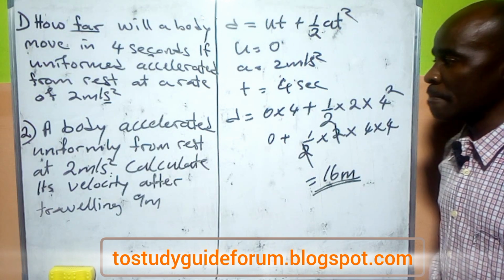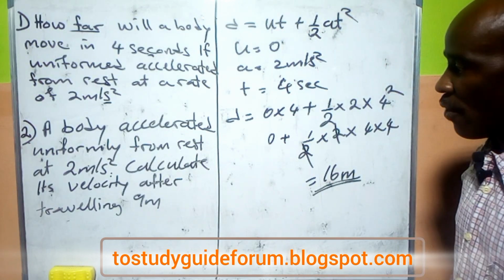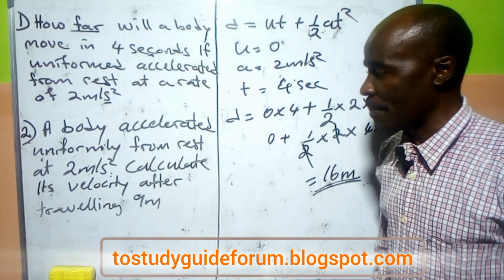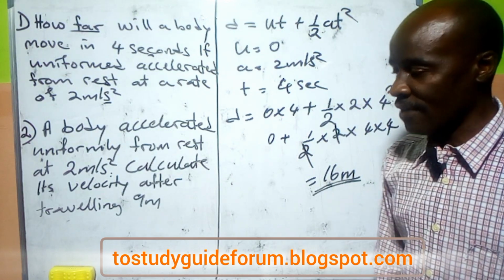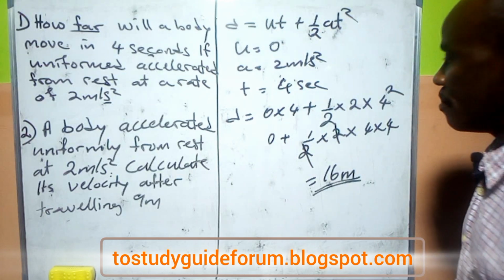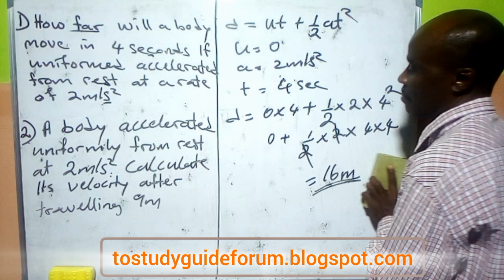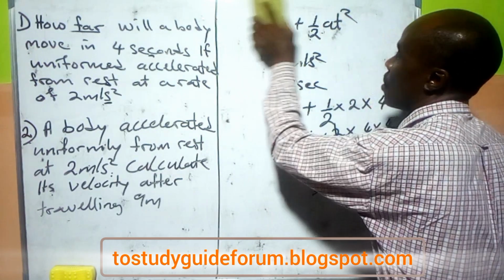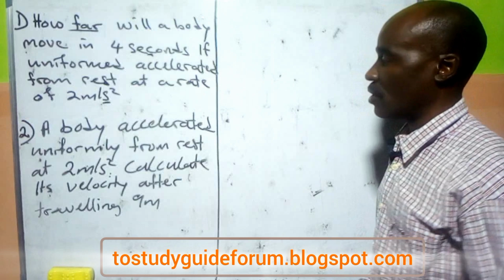This second question says: a body accelerated uniformly from rest at 2 meters per second squared. Calculate its velocity after traveling 9 meters. After traveling 9 meters, what will be its velocity?